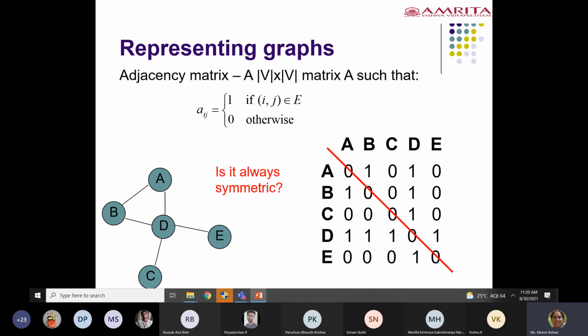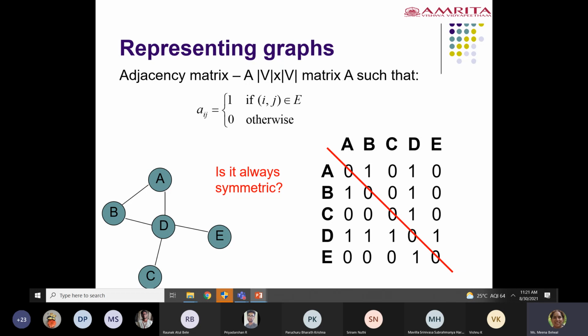And so the question is, is it always symmetric? Now, if you see here, it is symmetric. The adjacency matrix will be symmetric for undirected graphs.